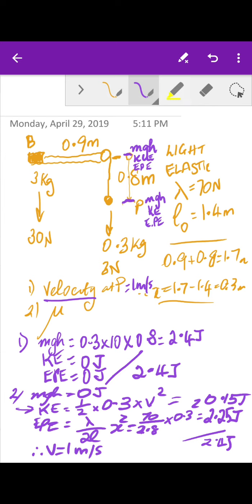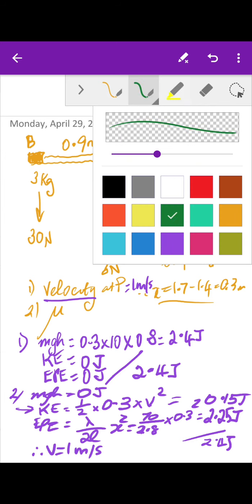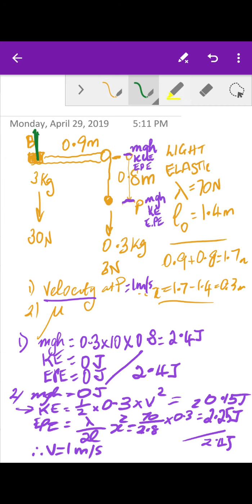1 meter per second. The coefficient of friction, well, we've got a normal reaction force of 30 newtons, and the tension in the string is 70 over 1.4 times 0.3.